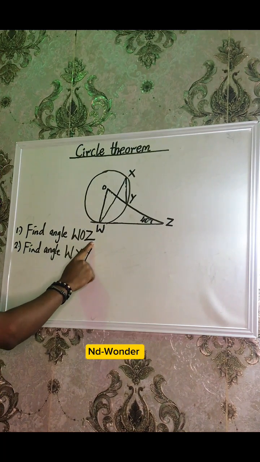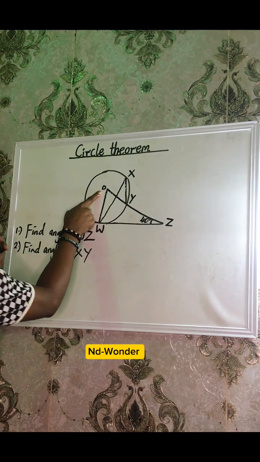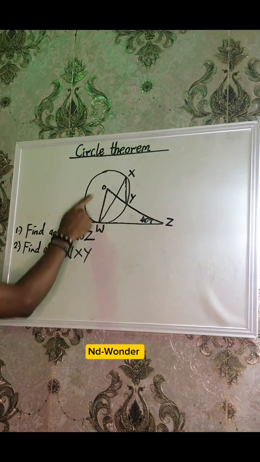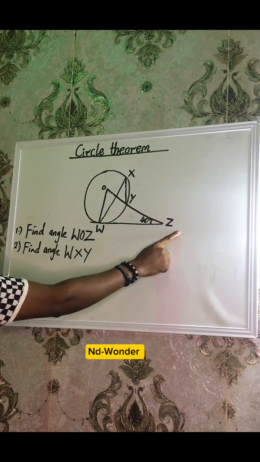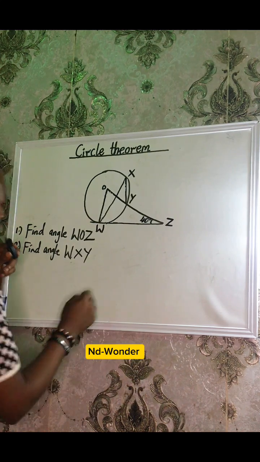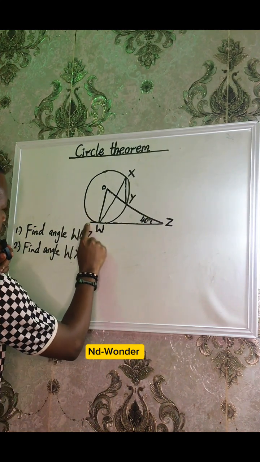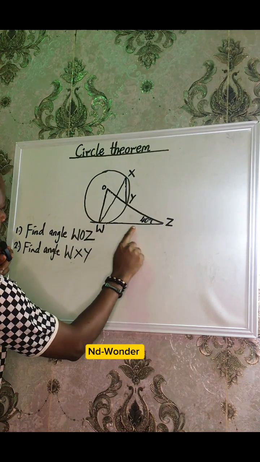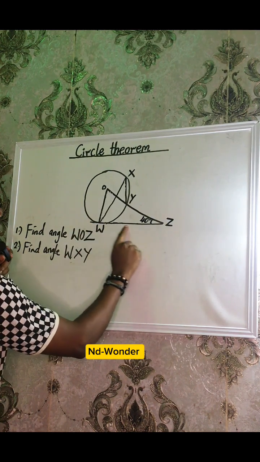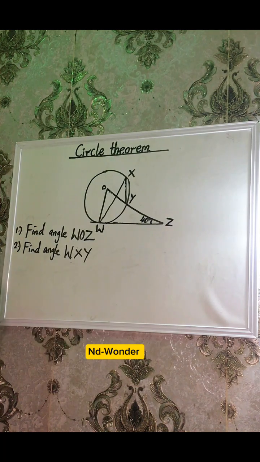Angle WOZ, this is the center of the circle, which happens to be O. This is a triangle. Additionally, you still need to understand that this line that touches the outer part of the circle becomes a tangent line.